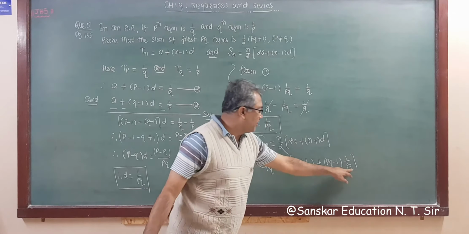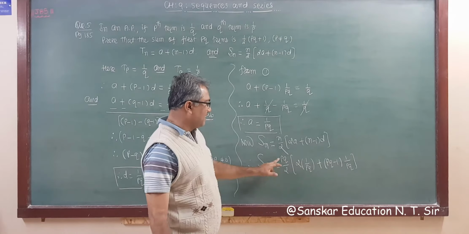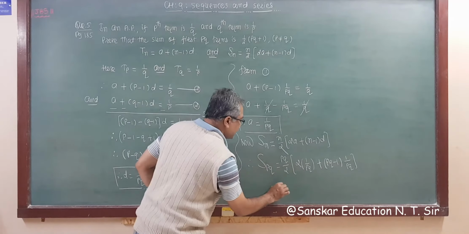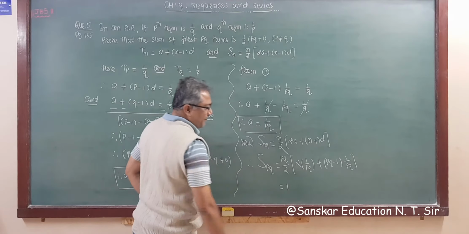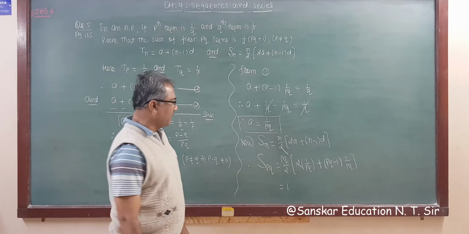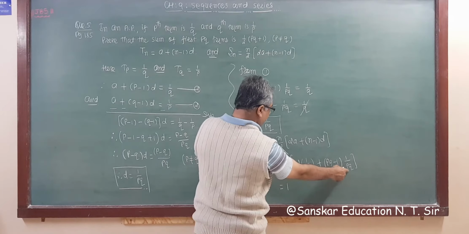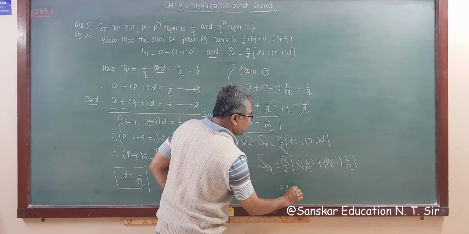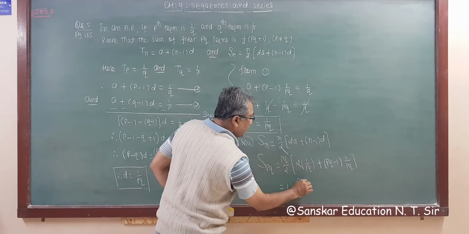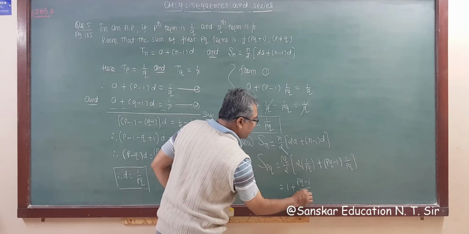So taking 1 upon PQ common, it will be cut with this, right? Either multiplying by this, PQ by 2, this is 2 by PQ, that is 1. If we multiply this, what we get? This PQ will be cut. So we get 1 plus (PQ minus 1) divided by 2.